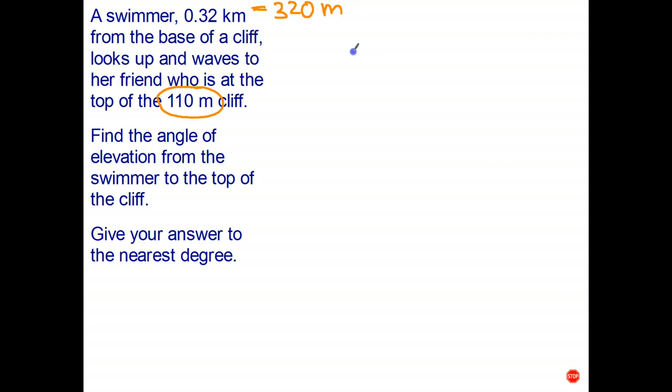Okay, I'm going to draw my cliff just there. I'm going to draw the ocean just there. So there's my right angle triangle. We'll assume the cliff is 90 degrees to the ocean. There's the swimmer down there. There's her friend up there. And what do we know? We know that the swimmer is 320 meters from the base of the cliff.